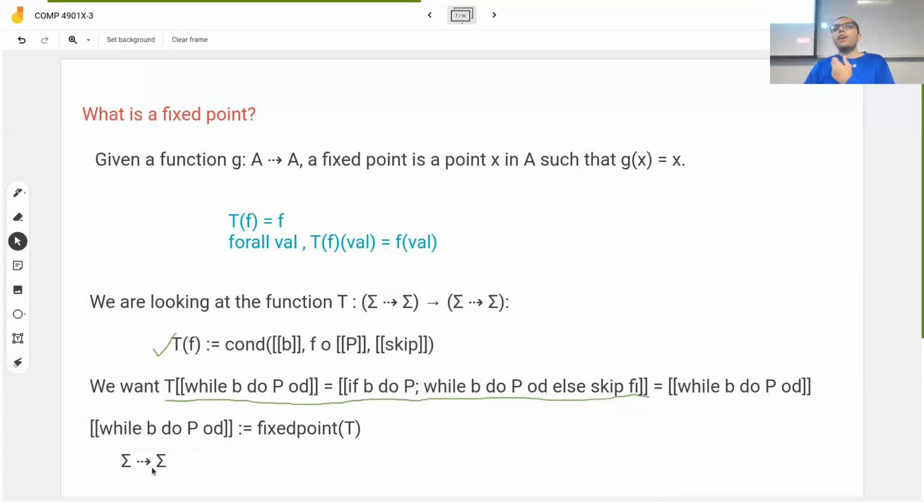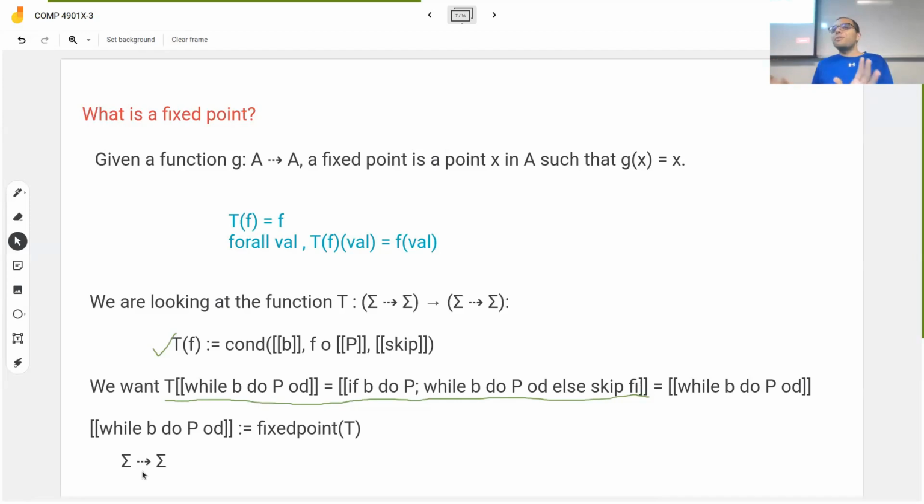Okay. So if I have two different functions of this type, how am I going to compare them? The way I'm going to compare them is by comparing where they are defined and where they are undefined, right? So I say a function is smaller than another function if its domain, the place where it's actually defined, not the entire sigma, but the subset of sigma where this function is defined, is a subset of where the other function is defined.